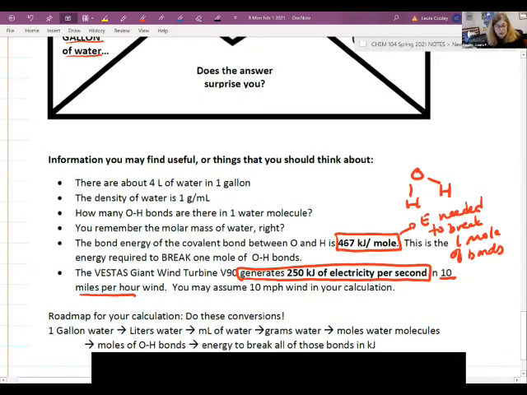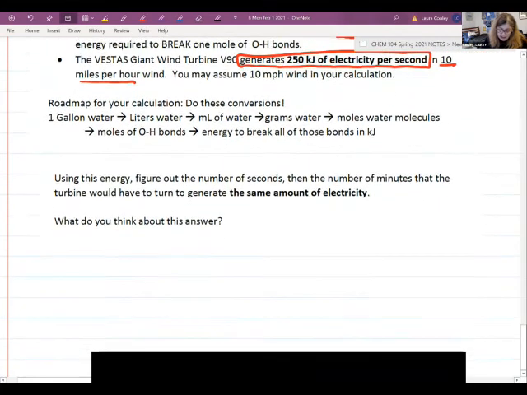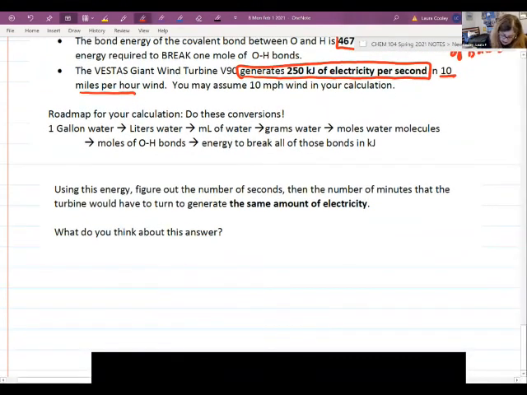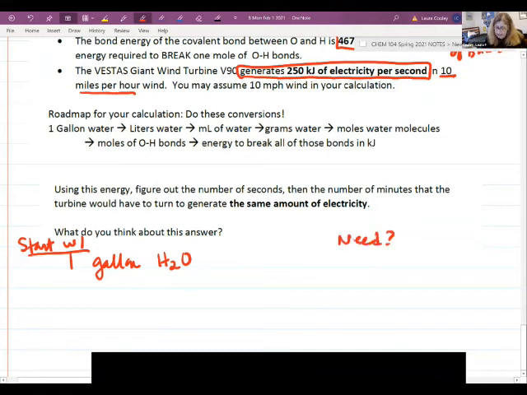So what do you have to do in this problem? You start with a gallon of water. And what are we trying to get to? What we need is the energy to break the bonds, but we have that energy per mole.